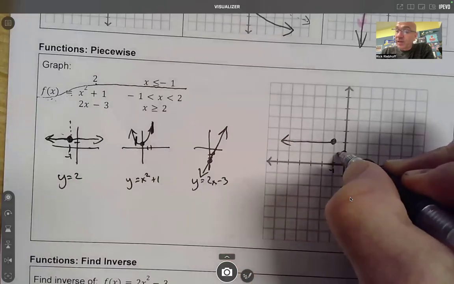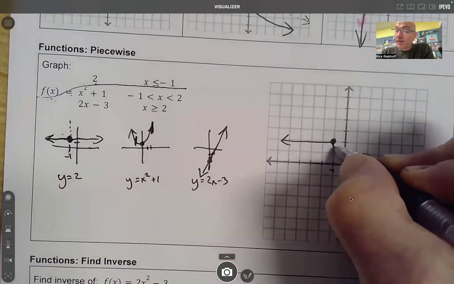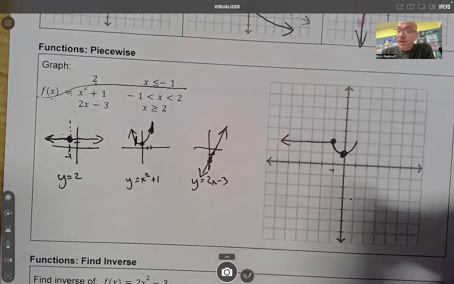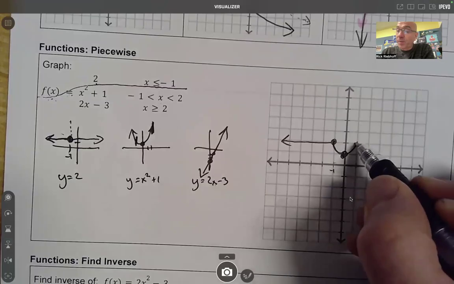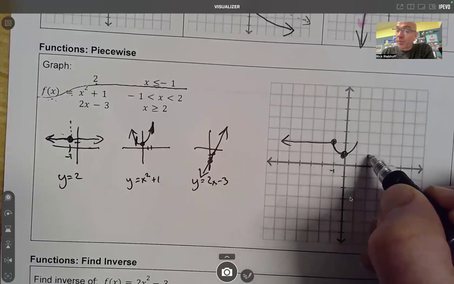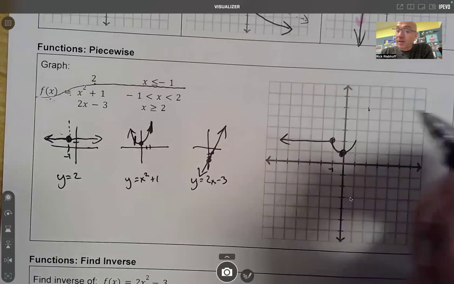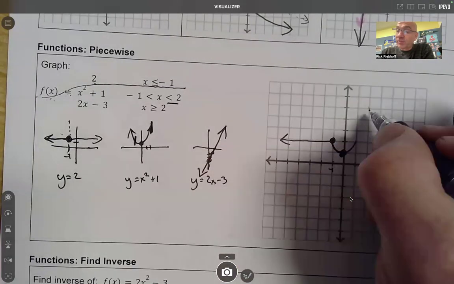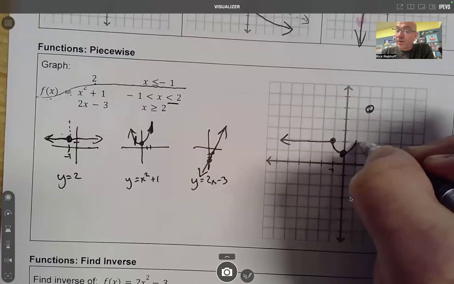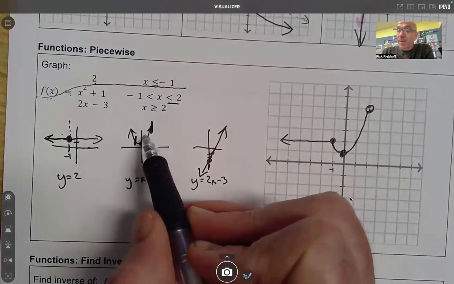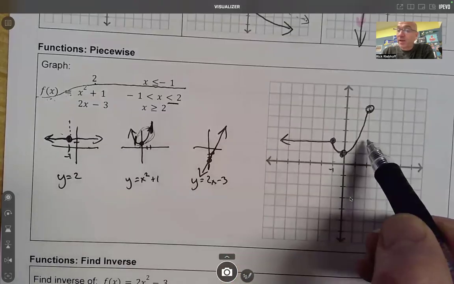So this side is going to go right to that point. Oh, that's great. This one's going to go through that point, and then I know it's over 1, up 1. I know it's over 2, up 4. 1, 2, 3, 4. But this point here is not inclusive, so I'm going to leave it open for now. Okay, so there we go. That's what I've got from the middle one. So I've copied basically and pasted that over here.